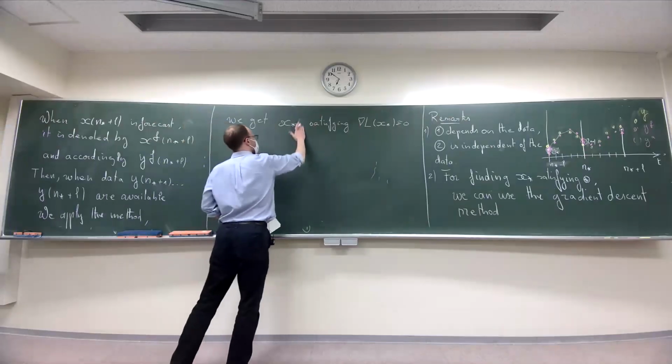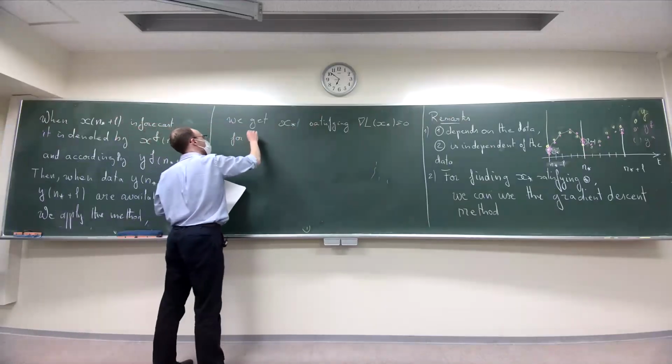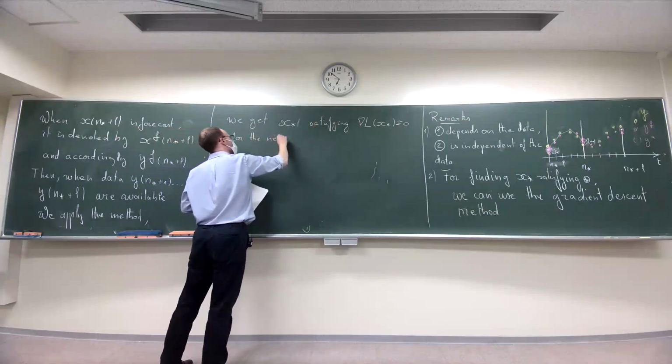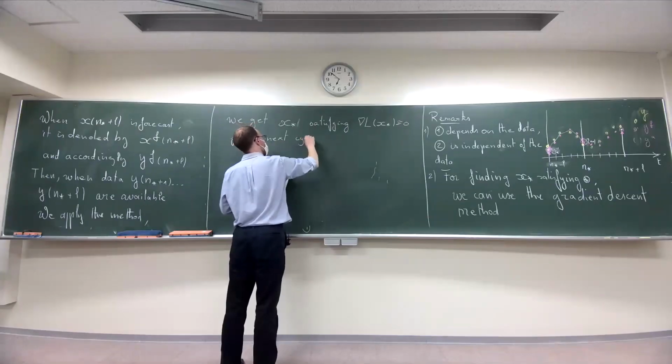So we get x star, let me not write any time, satisfying this for the next cycle. If you think about the picture, it's understandable for the next slide.